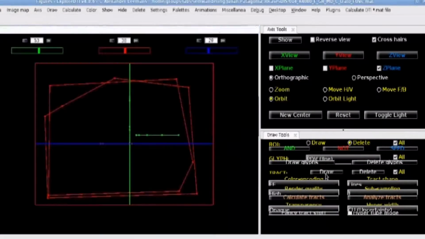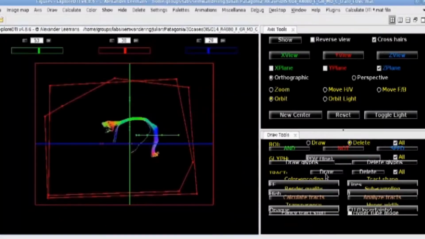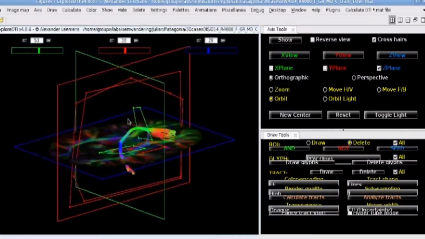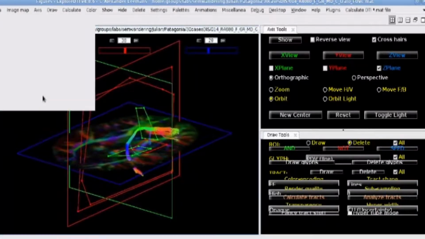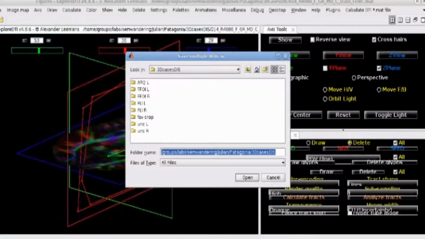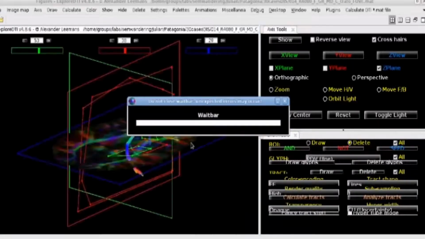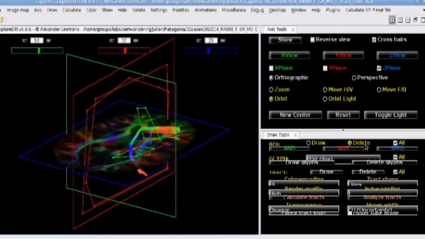Then when we save the region of interest, this is the arcuate fasciculus. This is the fornix, dedicated to Alan Baddeley, the working memory master. The fornix is very relevant for the working memory because it enters the hippocampus.